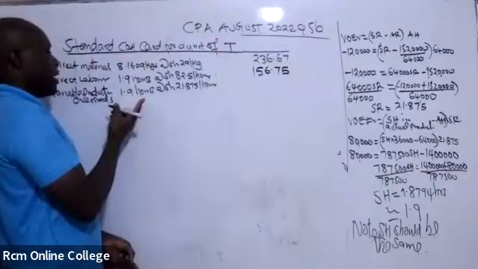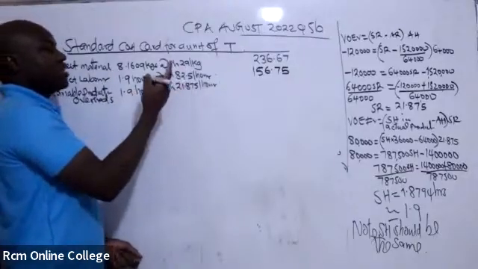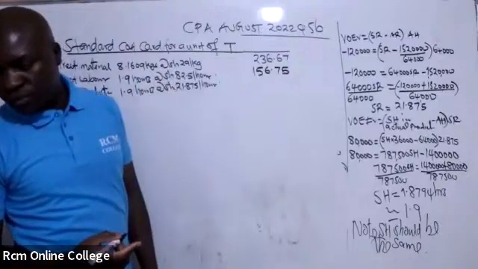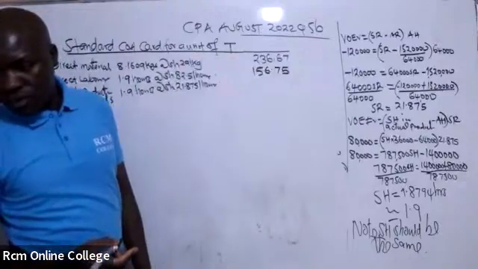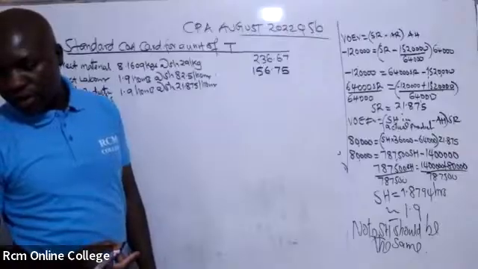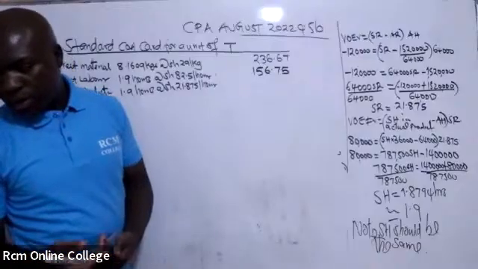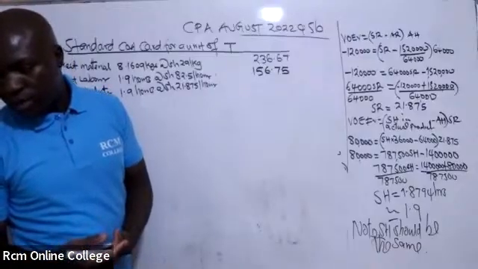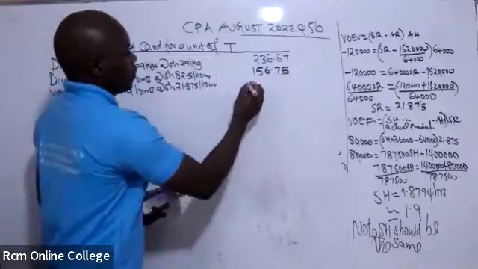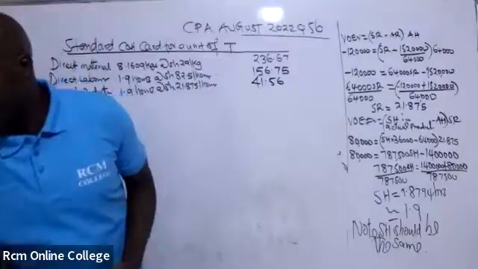Then we go to the last: 1.9 times 21.875. That will give us 41.56.